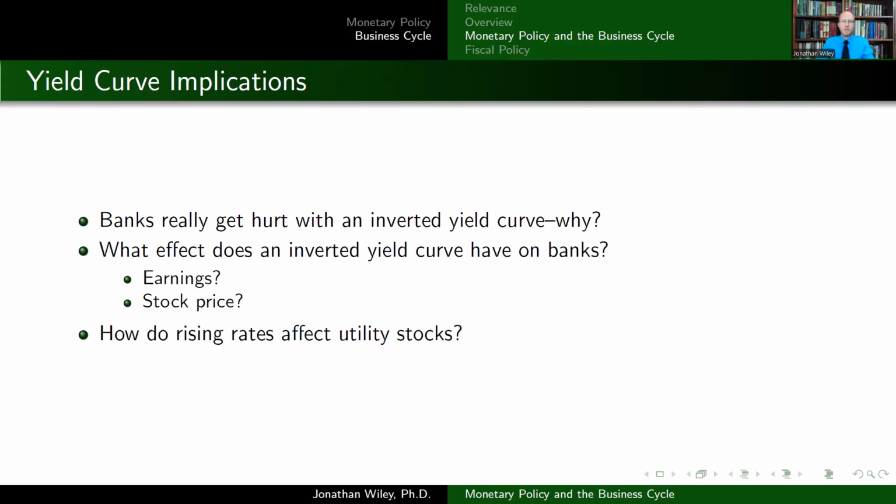So back to yield curves. Why do we care about that? Well, if the yield curve inverts, then the short-term rates have risen to be above the long-term rates. That would tend to mean that as the short-term rates are going higher, the banks are having to pay the depositors more and more.